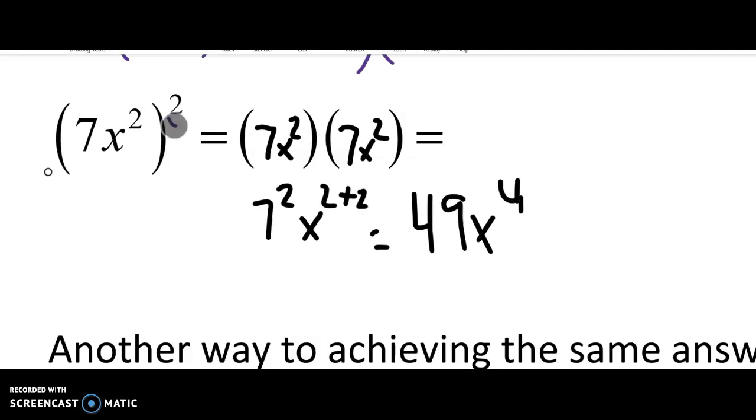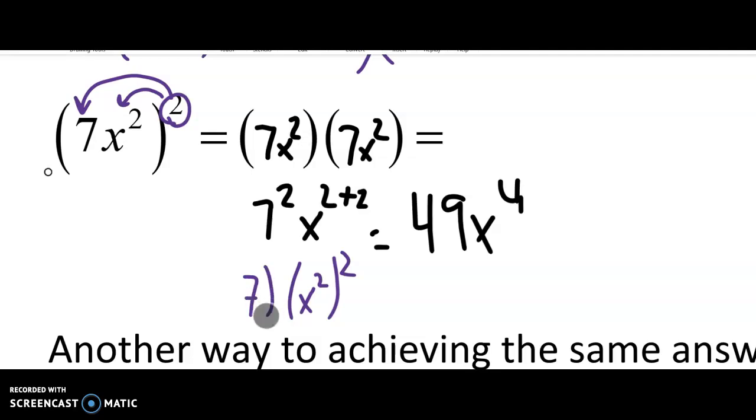What we're really doing here is we're applying that squared to the x squared term, so we're squaring x squared. But we're also applying that squared to the 7, so we're squaring 7. We're doing a power to a power for x squared times squared, and we're taking 7 to the 1, which is a power to a power again.